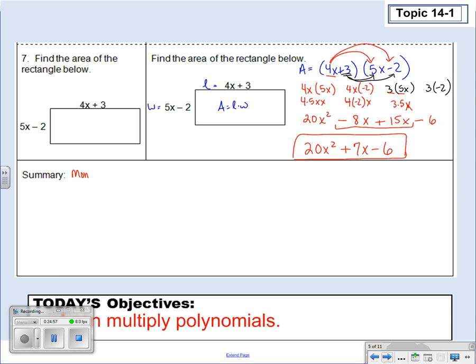So if it's a monomial times a polynomial, then what we did was we distributed the term on the outside of the parentheses to every term on the inside of the parentheses.